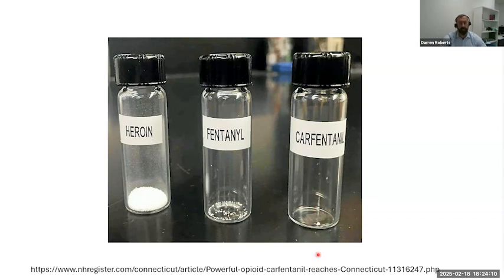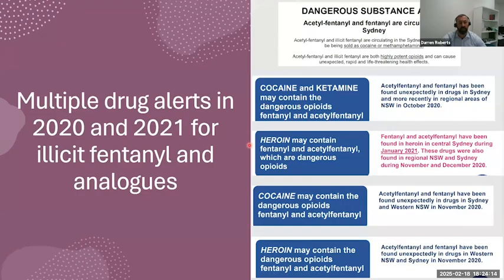Fortunately, in New South Wales, we only had that one case of carfentanil that was mentioned, but we have had multiple alerts which have been put out for other fentanyl analogues. These are mostly acetylfentanyl, which is one of the most common of the novel opioids that we've seen circulating within New South Wales. But concerningly, what we were seeing with some of these fentanyls was that it wasn't being found in products sold as heroin.